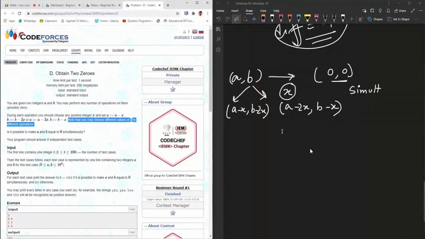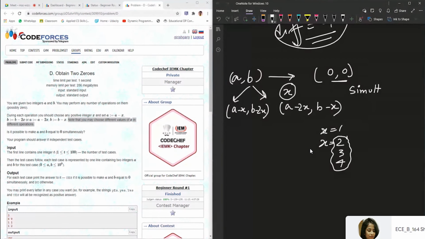Now you see that if we choose x equal to 1, or we choose x equal to 2 or 3 or 4, all the cases where x is equal to 2, 3 or 4 are just combinations of the cases where x is equal to 1.